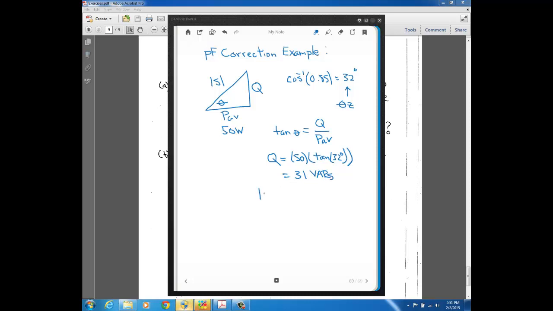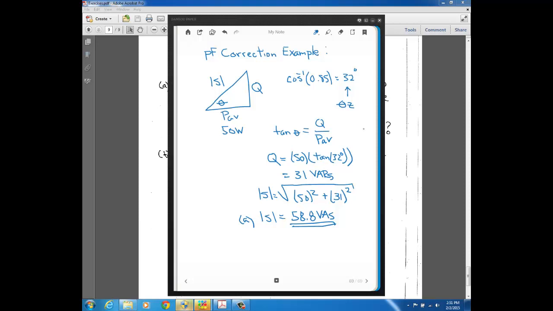Alright, and then the hypotenuse is just going to be the square root of 50 squared plus 31 squared. And that equals 58.8 VA. Alright, so that's the answer to part A. So it's just working the power triangle.